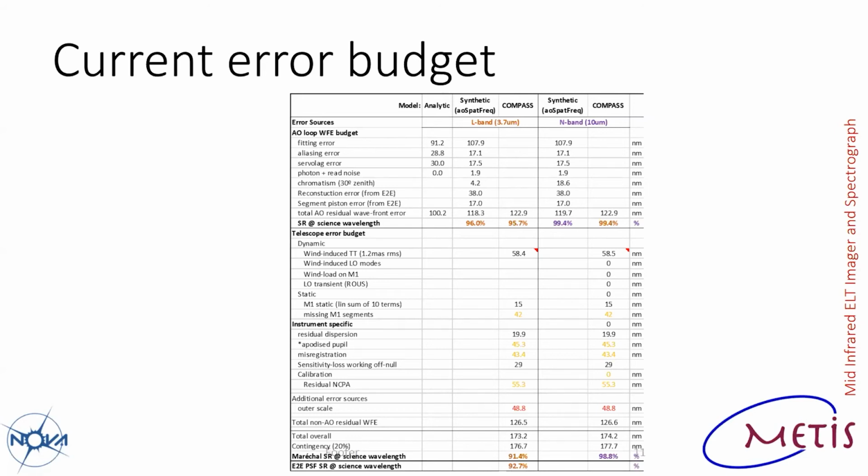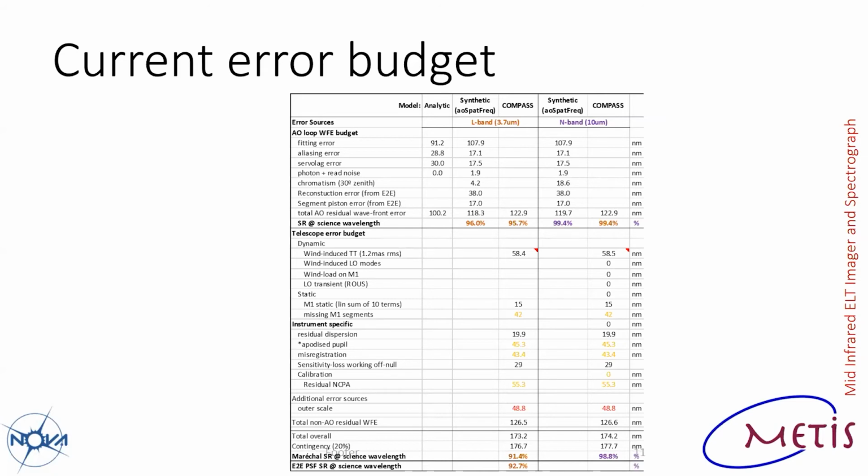You can see the summary of the AO residual wavefront error, around 123 nanometers in COMPASS simulations. This is in ideal circumstances, without any further impacting effects, so it's what we call C basic. And then in the bottom two thirds, we're adding all kinds of detrimental effects that we call C full.